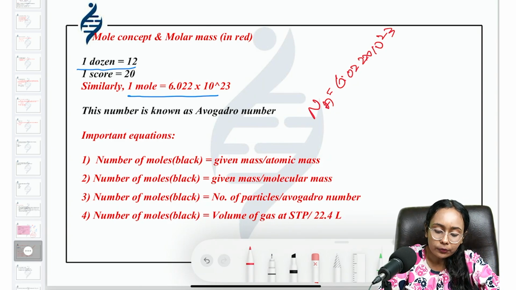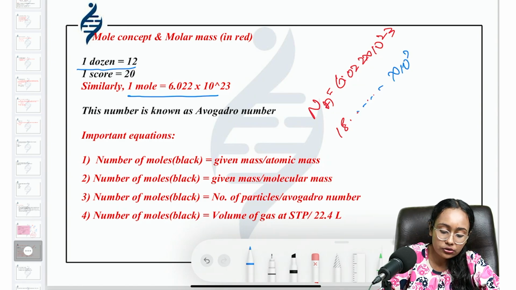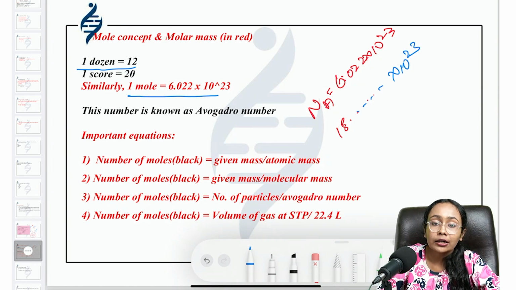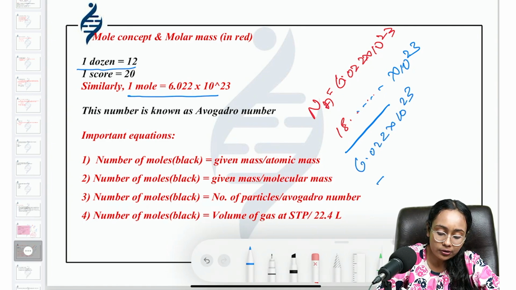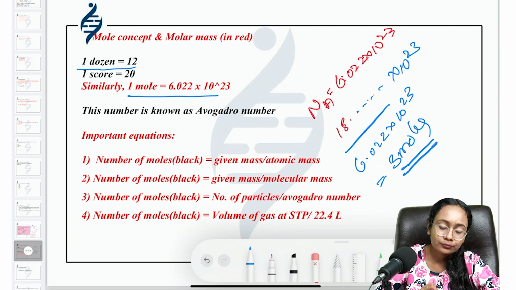Okay, you're provided with somewhat 18 point something into 10 raised to 23. You're asked to find the number of particles in that component. What you just have to do is divide this number of particles by 6.022 into 10 raised to 23. You'll get approximately 3 moles.